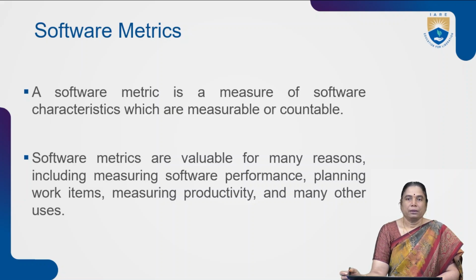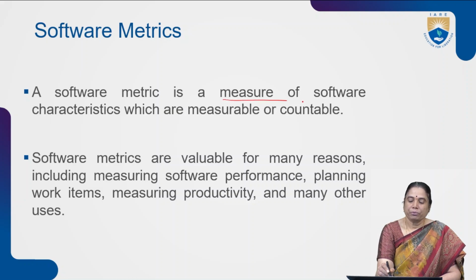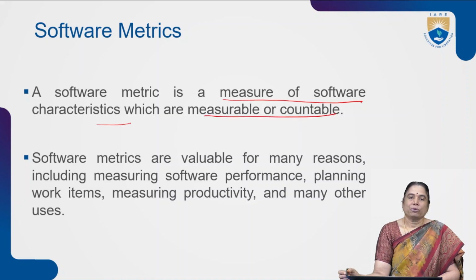So here, a software metric is a measure of software characteristics which are measurable and countable. Quantifying each piece of work in software development is important in order to track the progress of the project and to optimize the project development process.